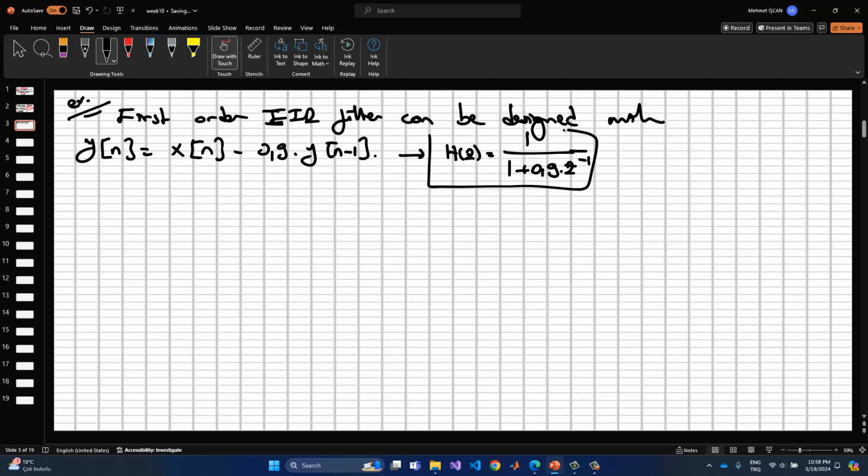This is the representation of the first order IIR filter, which creates low pass characteristics. In the previous lecture we designed discrete low pass filters, which are called infinite impulse response filters.